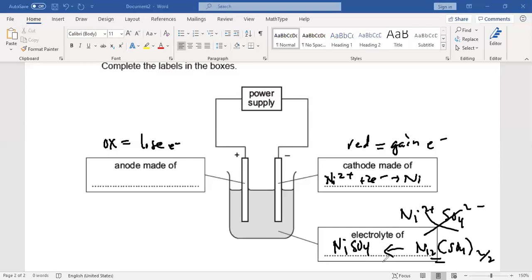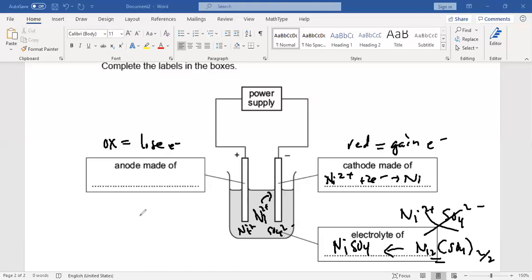So here you have Ni2+ and then SO4 2-. Because this one is the negative electrode, Ni2+ is attracted to it.